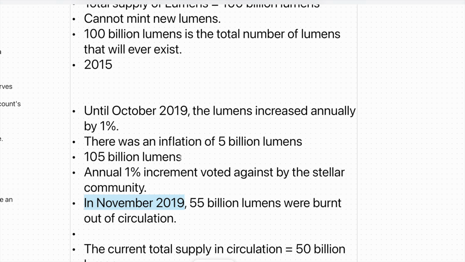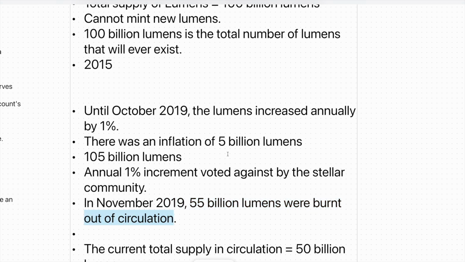Because it was more than intended, it was slashed, and 55 billion lumens were burnt out of circulation. It was basically sent to an address without a public key and without a private key, so it could not be retrieved anymore.